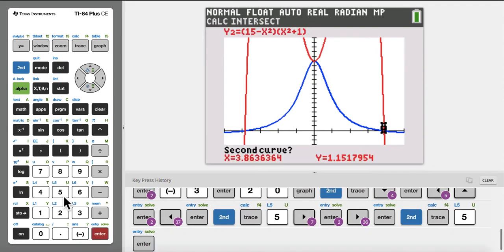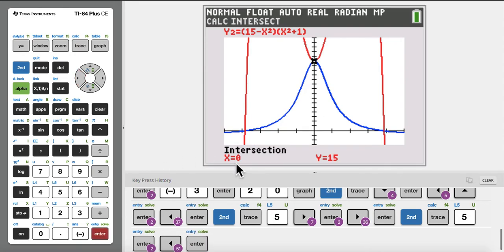Our first curve is blue, our second curve is red. Now for our guess, maybe we just get it a little bit closer to that y-intercept, at maybe x is equal to 0. That's kind of nice. And then we hit enter, and there it does find our intersection at being 0, 15.